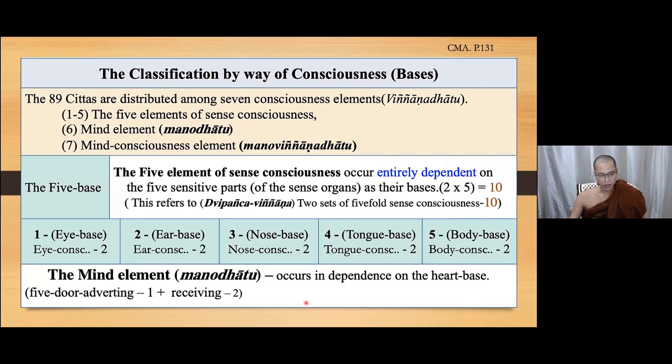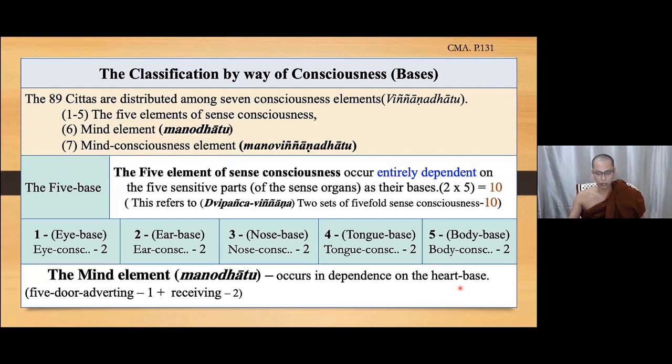Although it arises in the 5-door process, as you may remember, the 3 mind elements arise just in the 5-door process, they never arise depending on the five sense bases. They arise depending on the heart base.